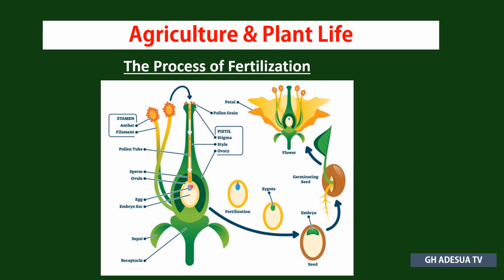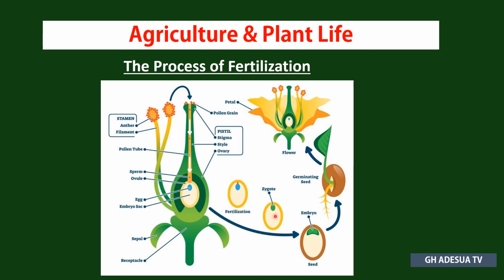Or the ovules. The ovules are inside the ovary. So when the pollen grains move down, they locate the ovules, then merge with them. That is the process of fertilization. Once it merges, fertilization has taken place, but it doesn't end there.